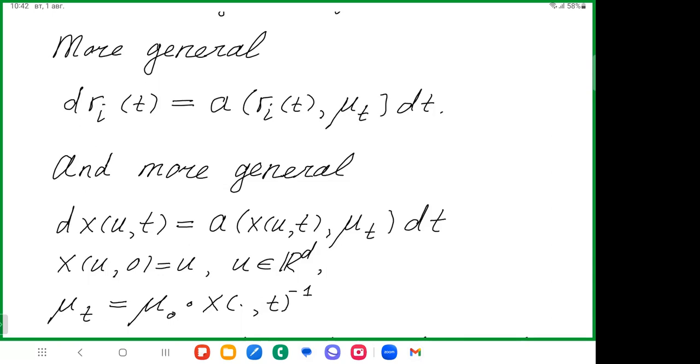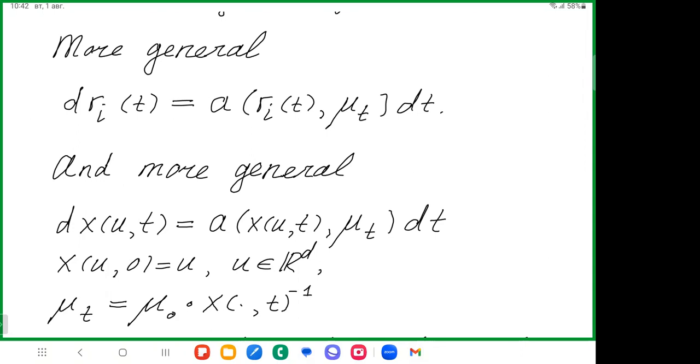But when they move as a measure mu t, one can consider the following differential equation. We have dx(u,t) equal to a(x(u,t), mu t).